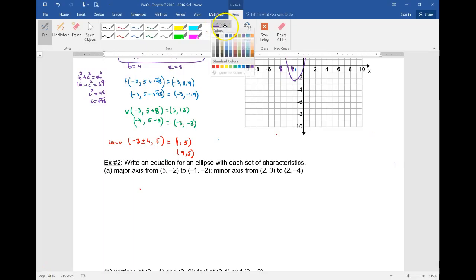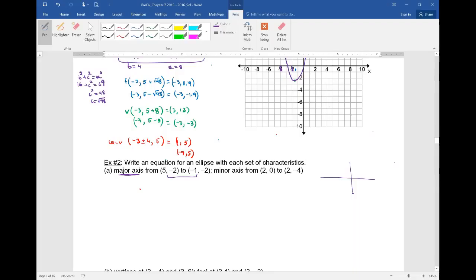All right, why don't we go backwards now? Let's actually write equations for these. Okay, so we're going to write an equation. What we have here is the major axis. It's from this to this. Okay, so what I do is I just sketch it roughly to myself, right?